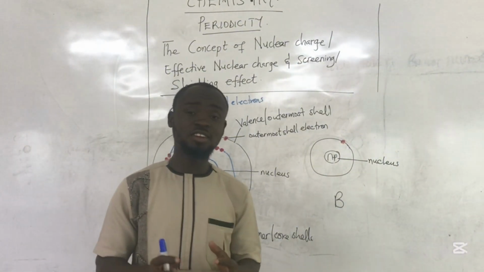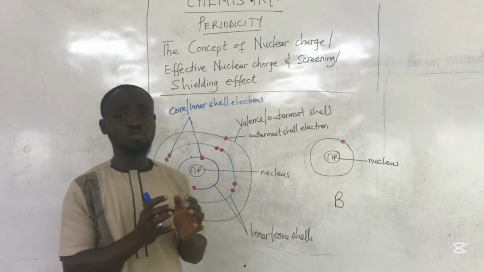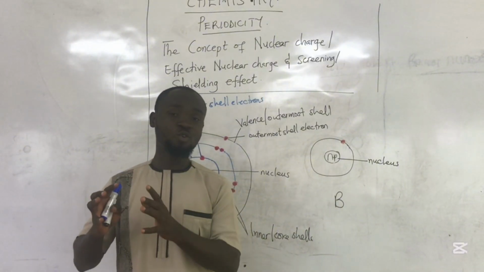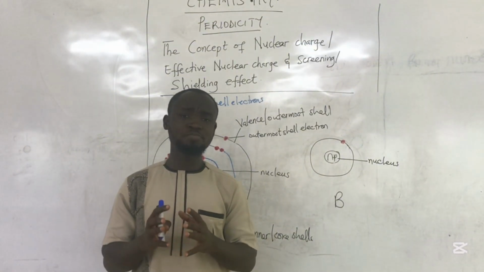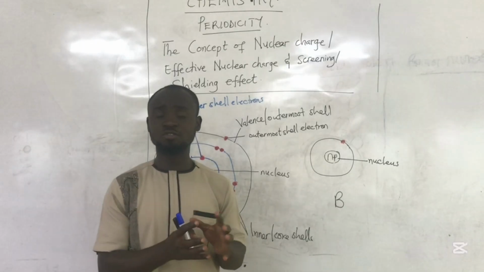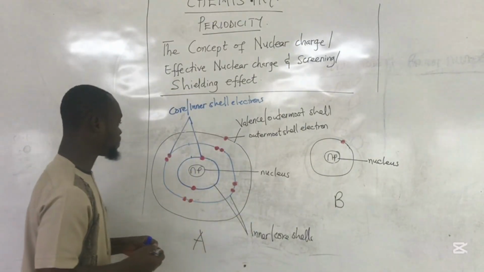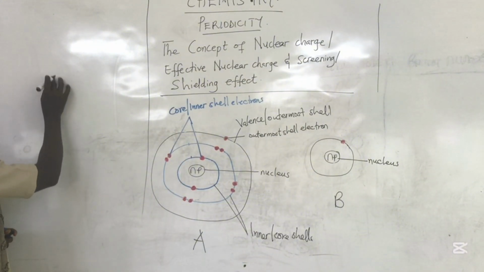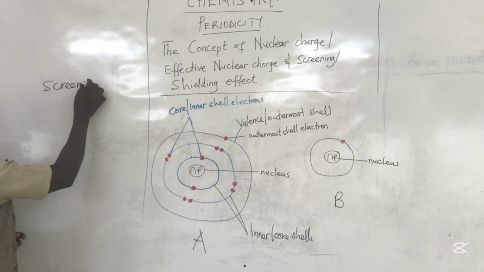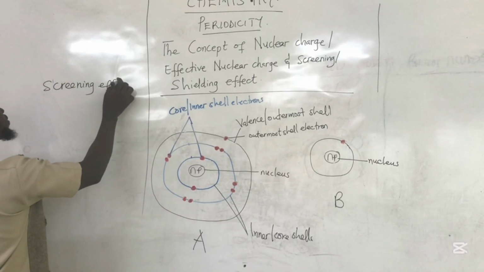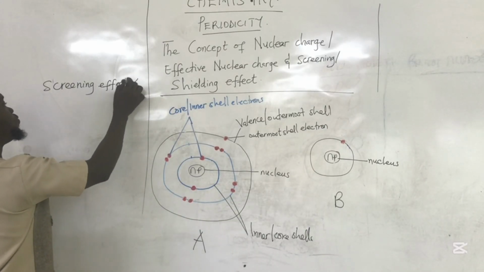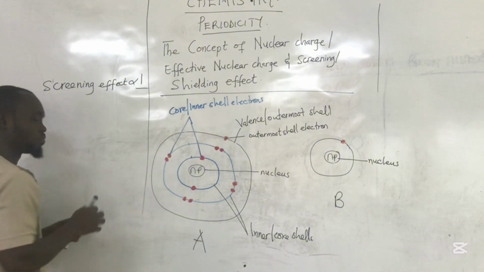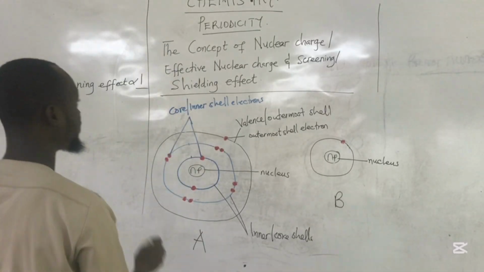There is a variation that exists between the effective nuclear charge or the nuclear charge in general and then the screening or the shielding effect. Mathematically, they vary inversely proportional to the other, meaning that screening effects will vary inversely to, let me write it here.